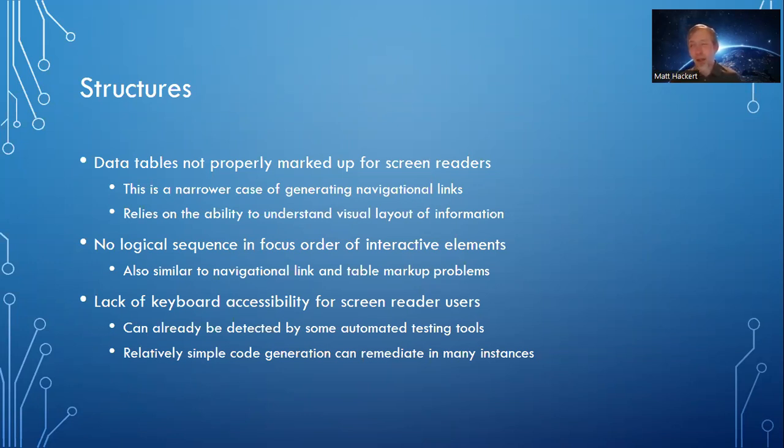So here, supplying the proper coding for triggering events is a pretty straightforward task for AI to perform. I think solving keyboard accessible issues is something that's not too far off for AI.